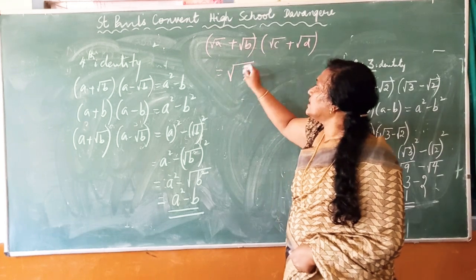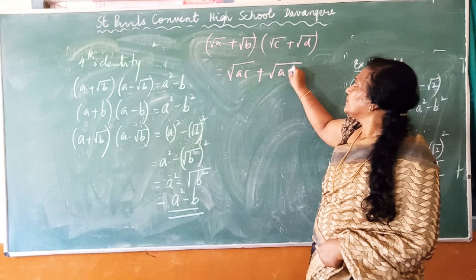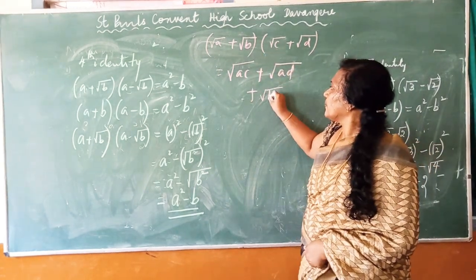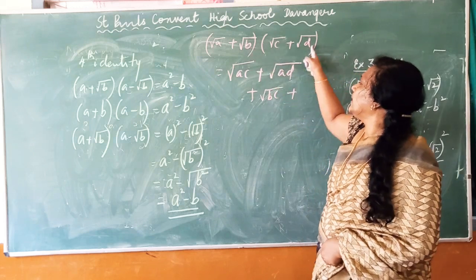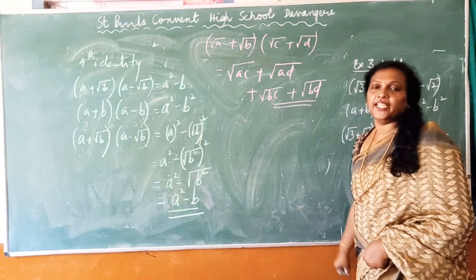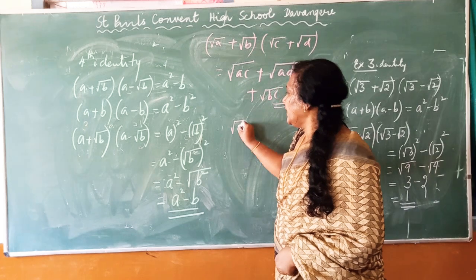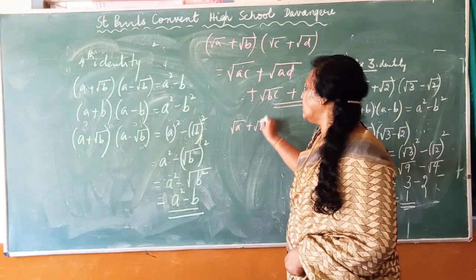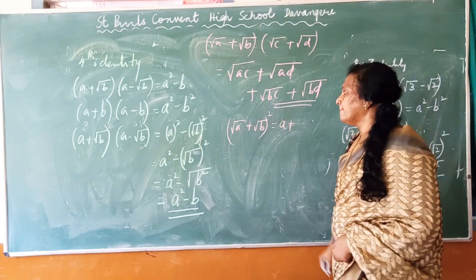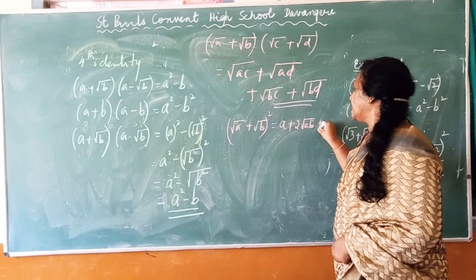So a into c is ac plus a into d is ad plus b into c is bc plus b into d is bd. This is the fifth identity. The last identity he has given: root a plus root b whole square is equal to a plus 2 root ab plus b.